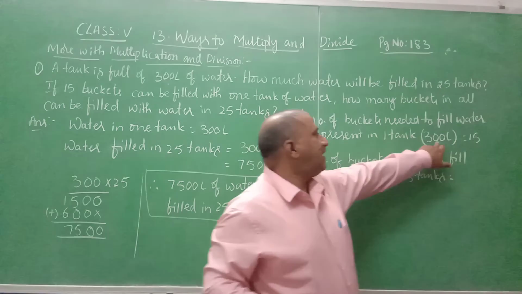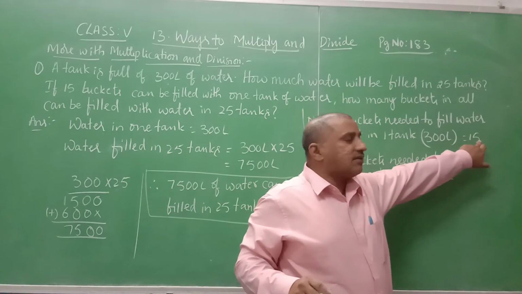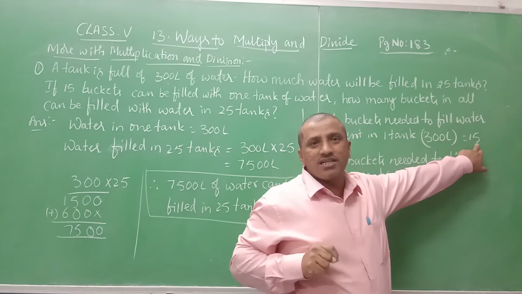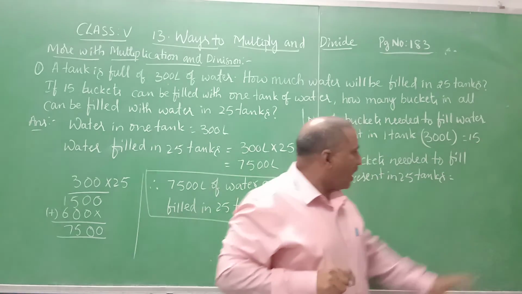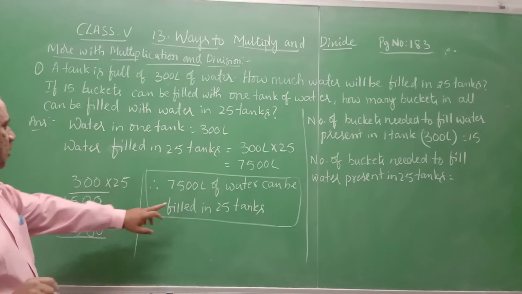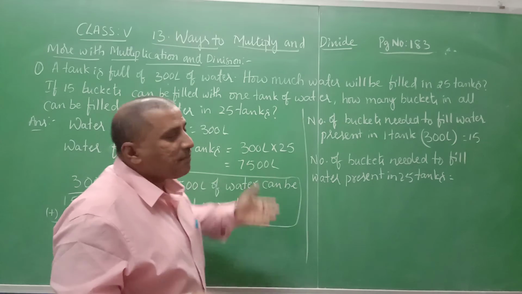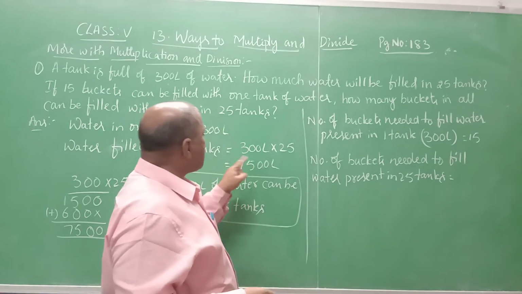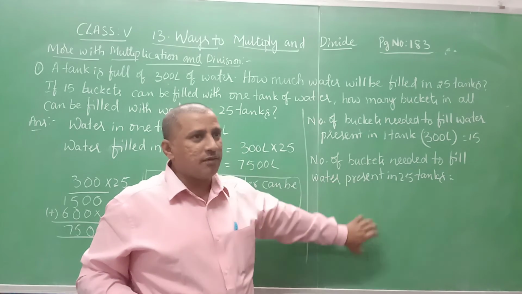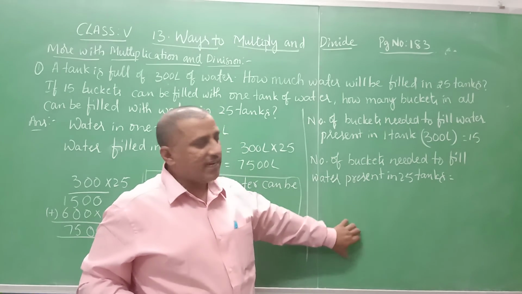That we get by dividing 300 liters by 15 and we get 20 liters. One bucket, 20 liters. Now 7,500 liters, how many buckets do we require? 7,500 divided by 20. That is one way.